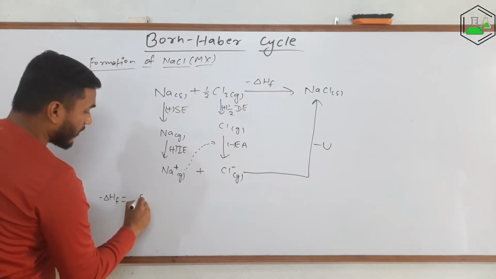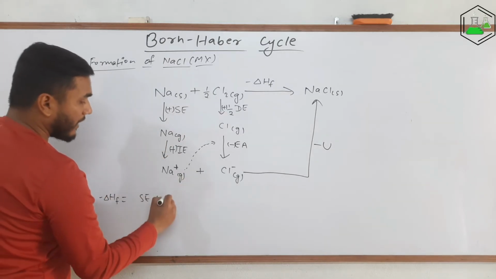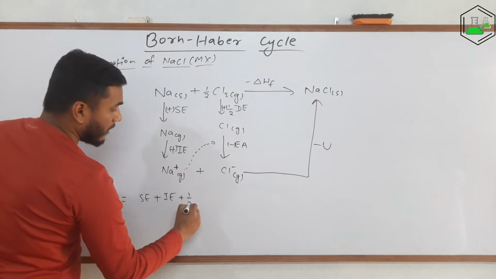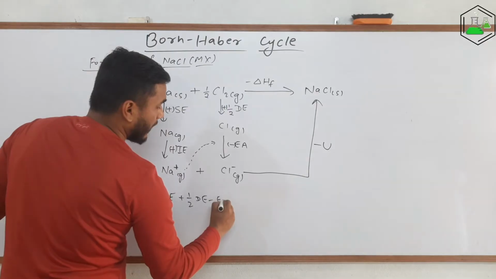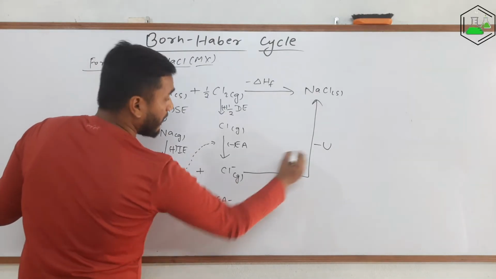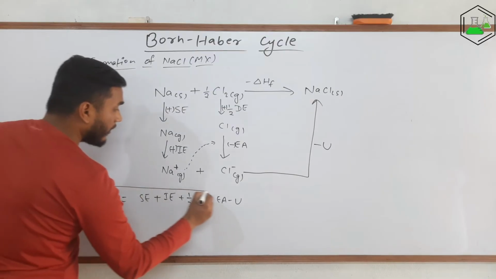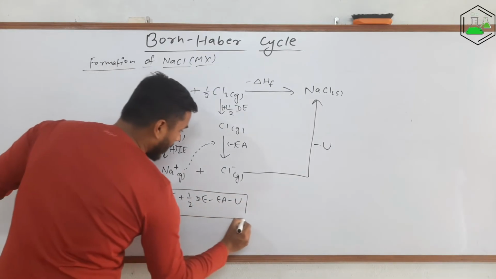So it will be sublimation energy, its sign is plus, ionization energy plus half dissociation energy minus electron affinity, finally minus U, that is lattice energy. This is the mathematical expression that is used to calculate the value of lattice energy.